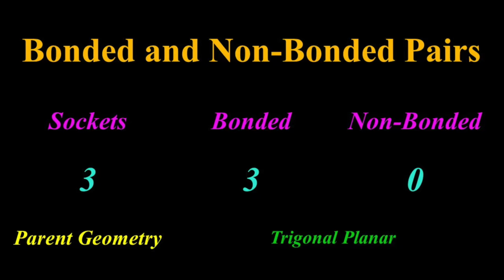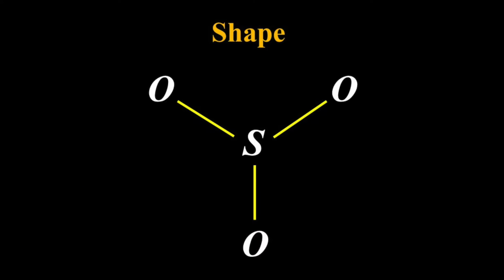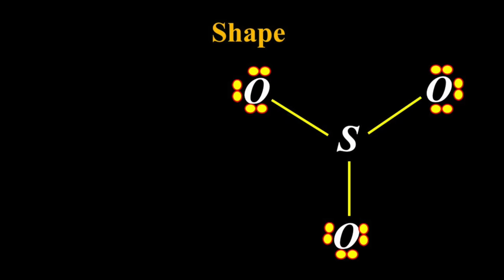However, sulfur is a non-metal, and as you know, sulfur needs to have 8 electrons, and right now it has only 6. If you count the electrons around the sulfur, 2 per bond, that's 6. So it needs 2 more.